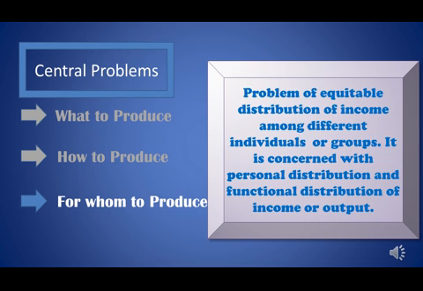The next problem faced by an economy is for whom to produce. This problem is related with the equitable distribution of income among different individuals or groups. It is concerned with personal distribution and functional distribution of income or output in an economy.